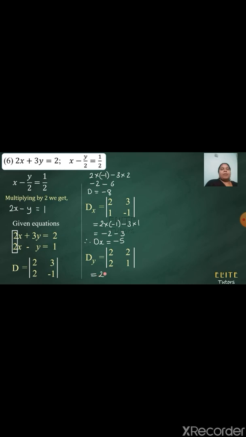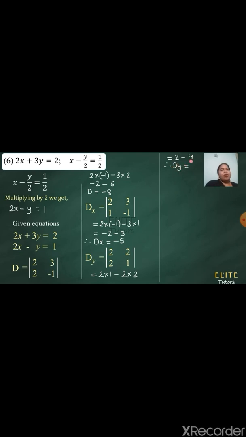Diagonally cross multiply it, so 2 into 1 minus 2 into 2. So 2 ones are 2, minus 2 twos are 4. So we get 2 minus 4, which is nothing but minus 2. Hence dy is equal to minus 2.